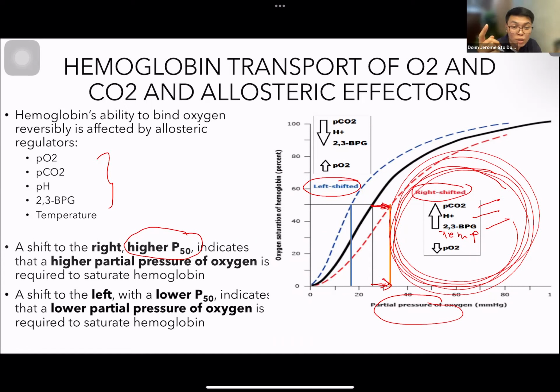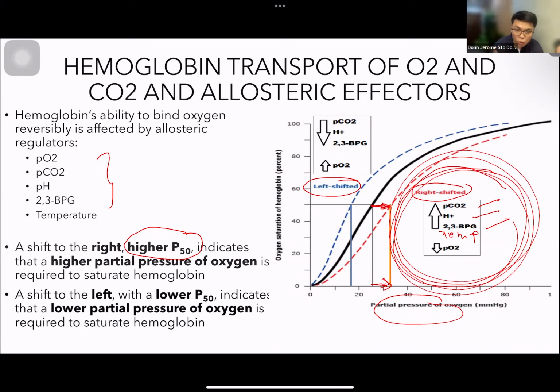They are using glucose to form pyruvate. So high 2,3-BPG tells us that the cell is actively metabolizing. Low PO2, of course, the lower the oxygen affinity. So the tendency of hemoglobin when it shifts to the right is to release the oxygen. That's how I remember it: shifts to the right, release the oxygen.